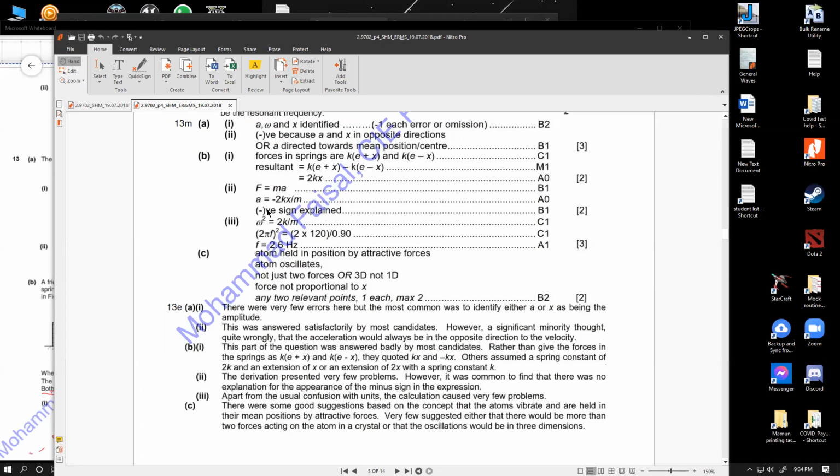Anything that makes sense and is logically coherent is acceptable, because they didn't write any specific wording for how this should be explained. Anything that is not wrong would be credited. You will get marks for that.